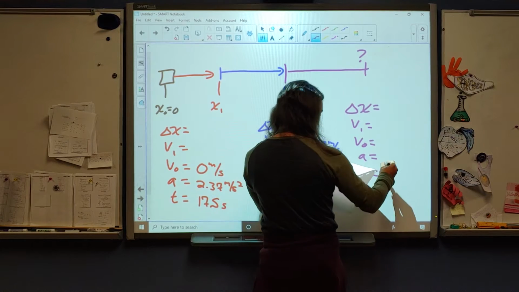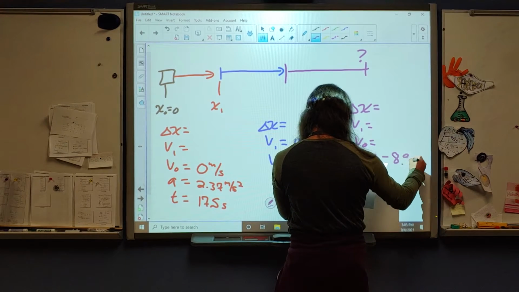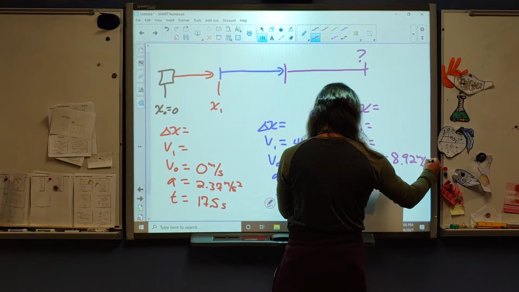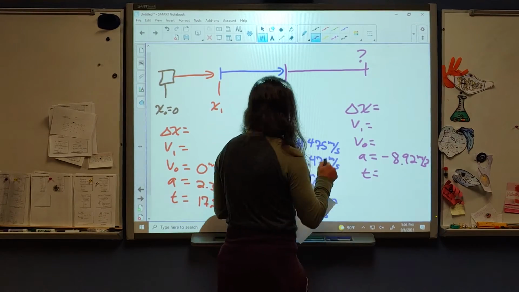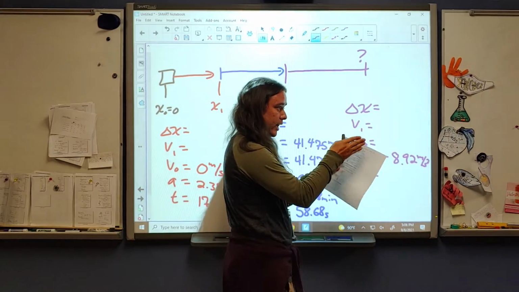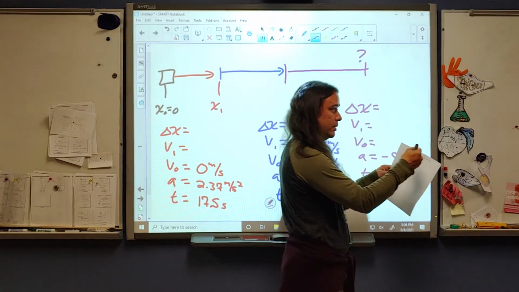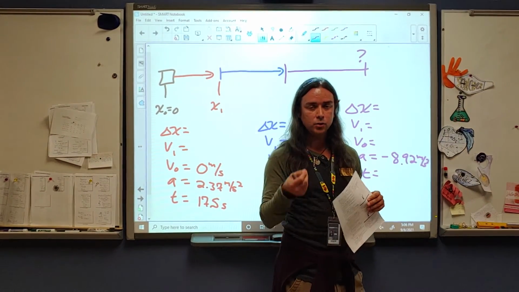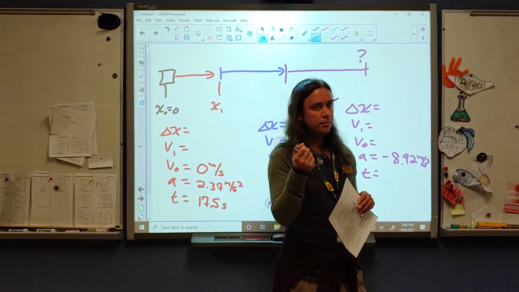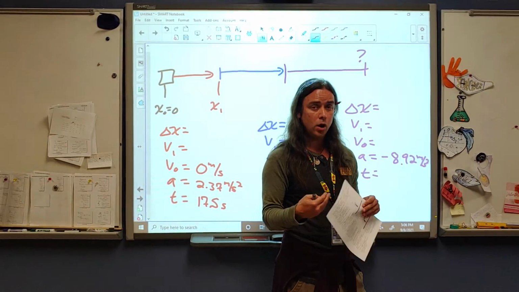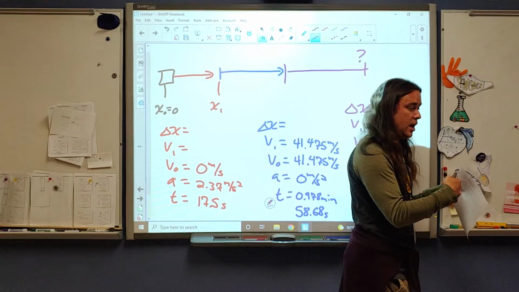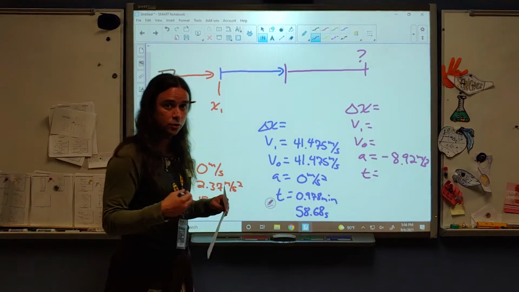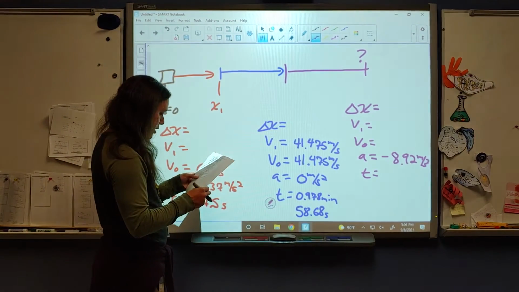We have an acceleration of negative 8.92 meters per second squared. So initially, since this thing is moving forward and it has a negative acceleration, it's going to begin to slow down. So it'll start by slowing down, but we don't know. It may actually go long enough that it slows down, comes to a stop, and starts moving the opposite direction. So, something for us to think about.